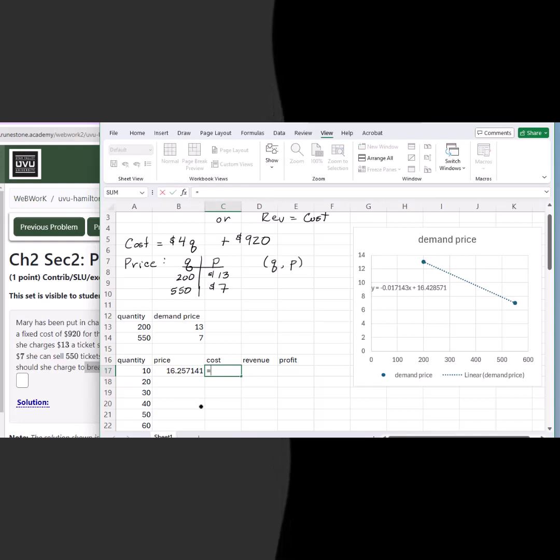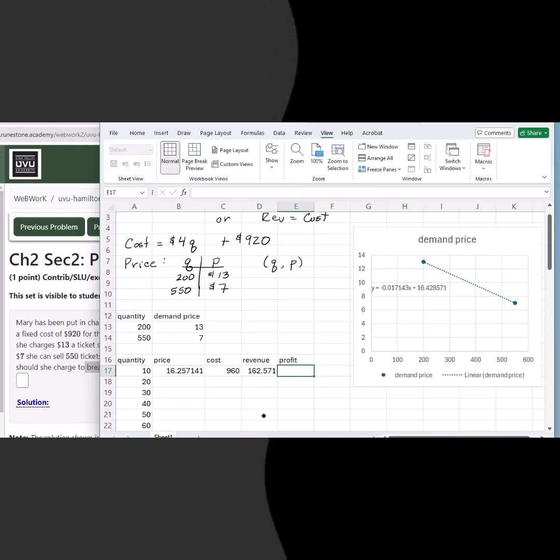Cost is this formula, the 4Q plus 920. So 4 times the quantity plus 920. Once those are built, revenue is price times quantity, and profit is revenue take away cost.